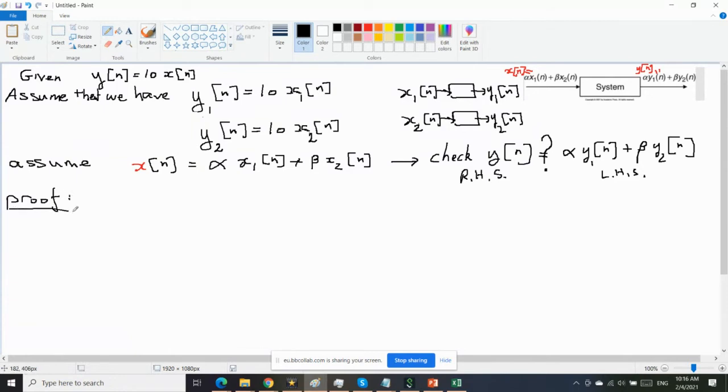Proof. Let's start with the right-hand side. What do we know about it? That it is equal to 10 x[n]. We know this one from equation 1. Now we can give it equation 2, equation 3, and equation 4.